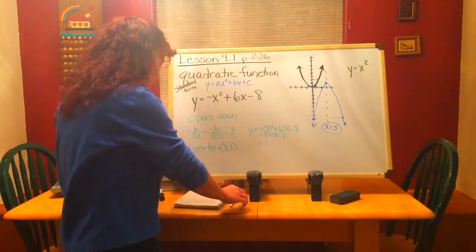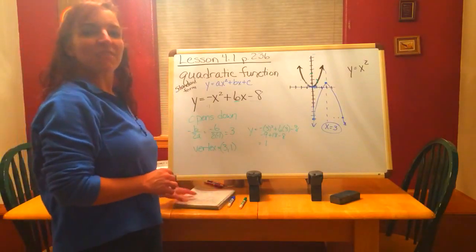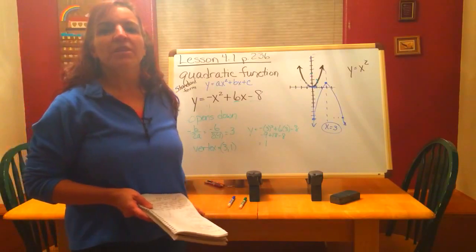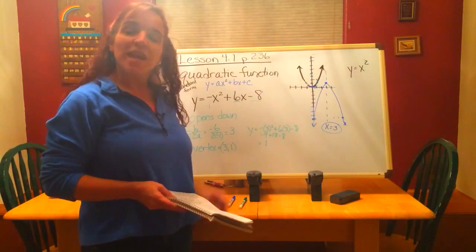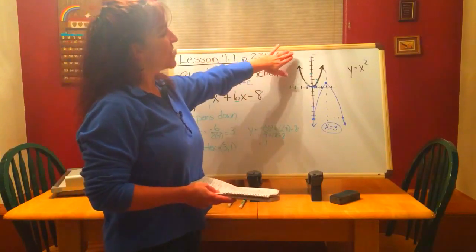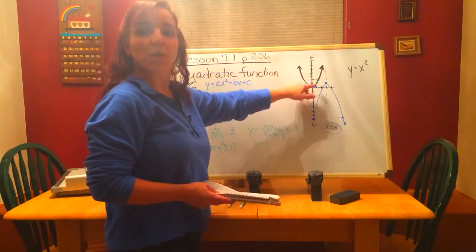Now the only other thing I want to cover today is minimum and maximum values. When you have a parabola, the vertex is the point of turning. And so if your values are going down and down and down, the vertex is going to be where it turns and goes up.